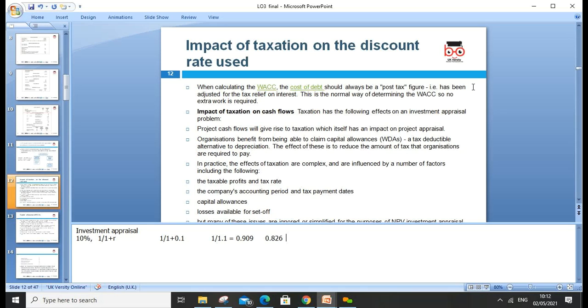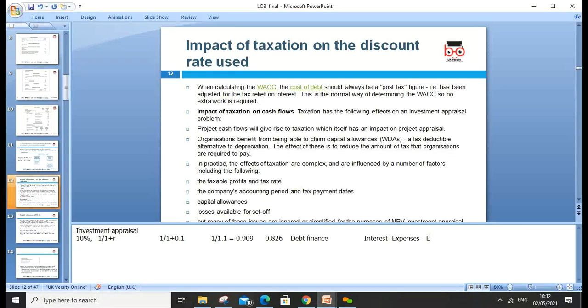So when calculating the weighted average cost of capital, cost of debt: if you borrow money through debt financing, what is the benefit for tax? Whatever the interest is, you can put it as an expense and deduct it from profit and loss, and after that you pay the tax.